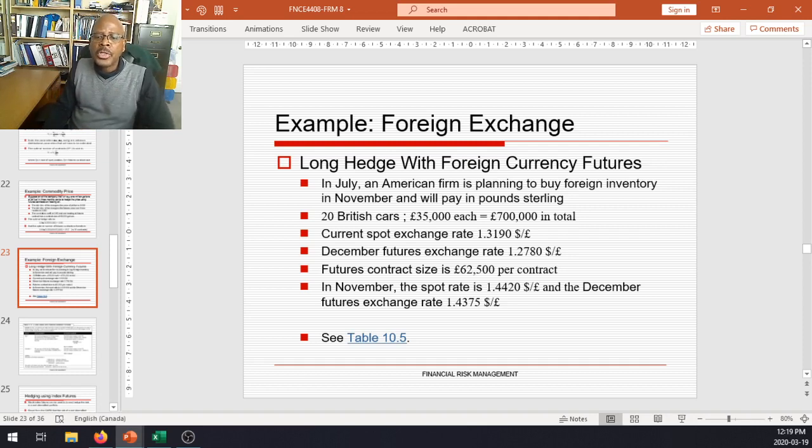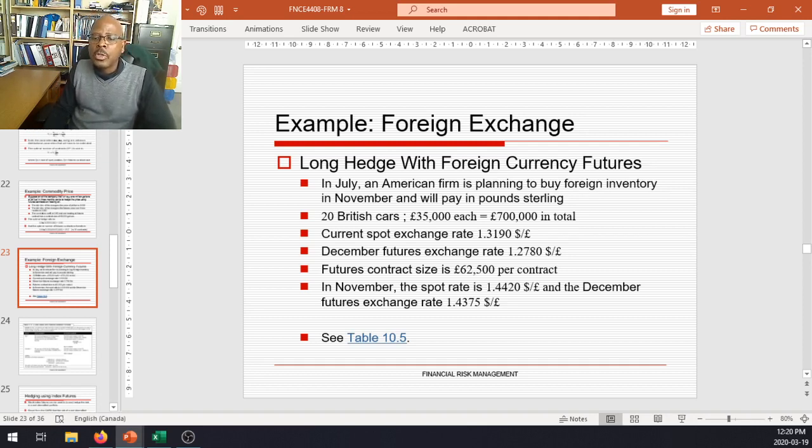So the December futures exchange rate is $1.2780 per pound. The current spot exchange rate in July is $1.319 per pound. So these are the prices in July: the spot price for the pound sterling and the futures price for the pound sterling. The futures contract has a size of 62,500 pounds sterling per contract.